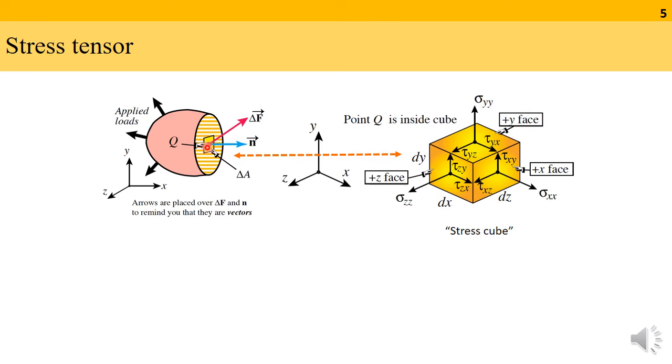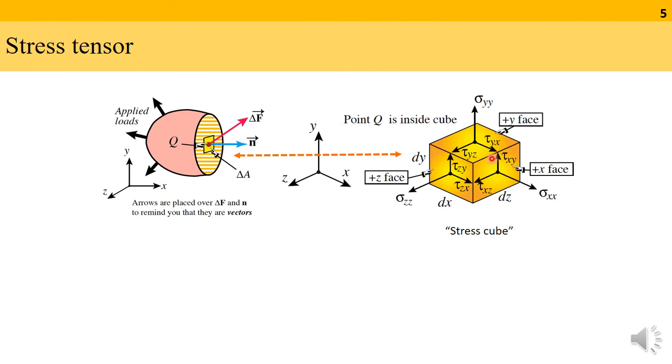Just like we chose a section such that the outward normal was parallel to the x-axis, we could actually have done it 3 times, once where the outward normal was parallel to the x-axis, y and z respectively, and instead of a cross section, we would actually get a cube with 3 components of stress along each plane.